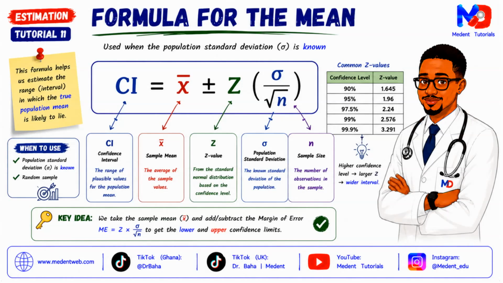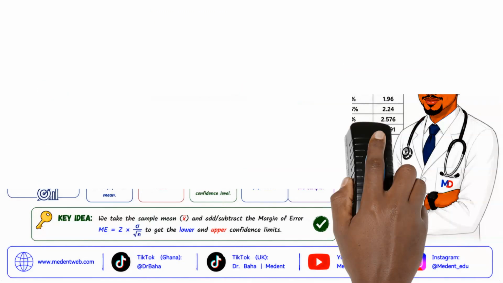The z-value depends on the confidence level, while sigma represents the population standard deviation and n is the sample size. Larger sample sizes produce smaller standard errors and therefore narrower confidence intervals.